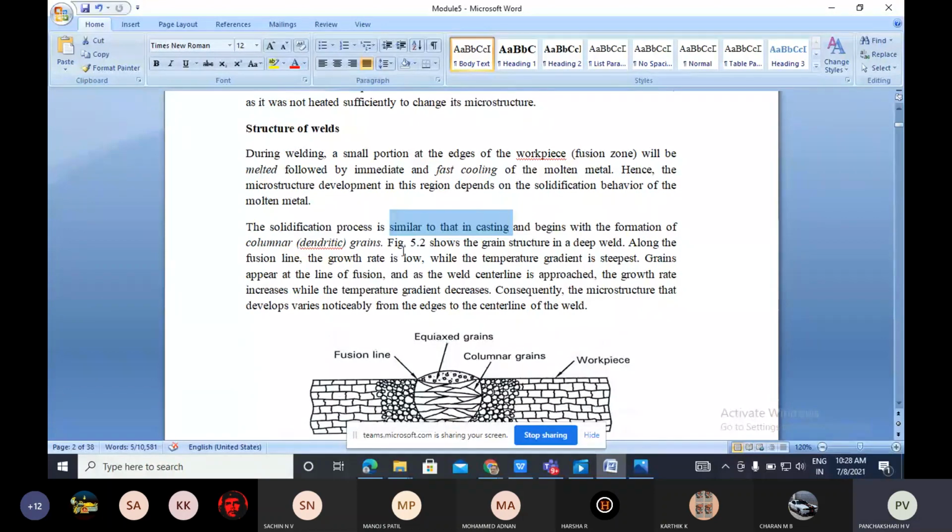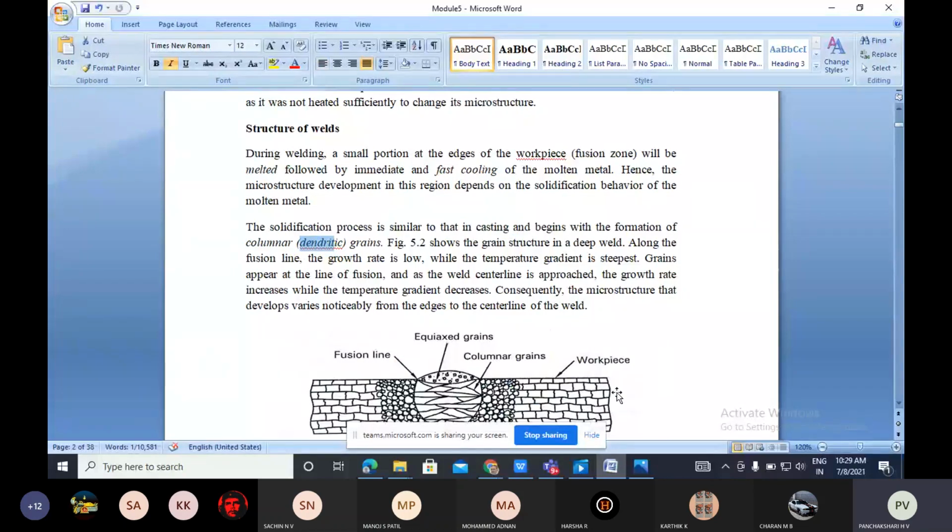What is the meaning of columnar grains? Already I told you, it is not an equiaxed grain, it is not a spherical grain; it is column type, like dendritic. Dendrite is nothing but a tree. It is a tree structure.